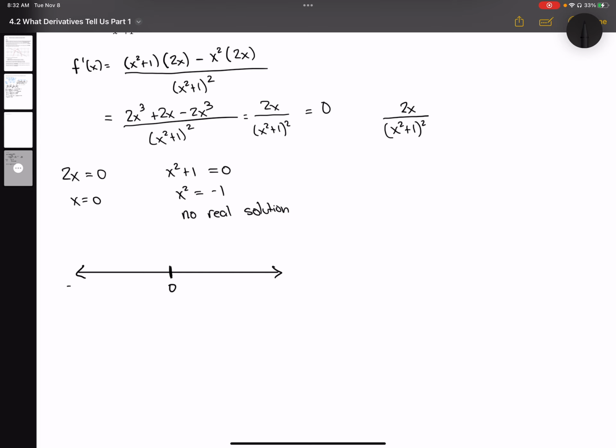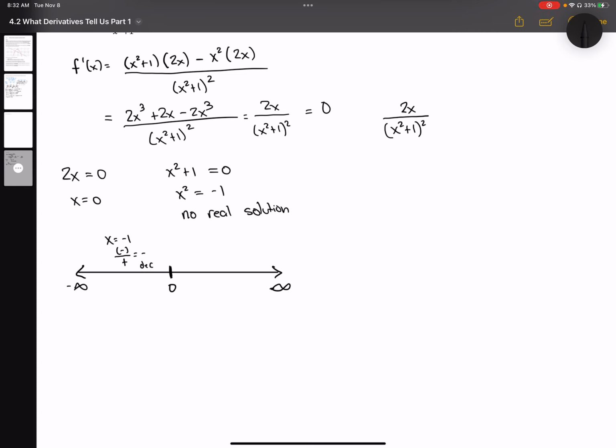I don't know. We'll say -1. So if we use x equals -1, we would have in the numerator, that value would be negative, and we would divide by anything squared is going to be positive. So that end result is a negative, which means that we're decreasing on that interval.